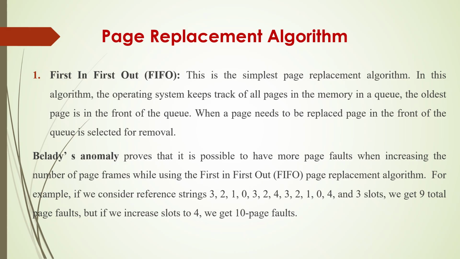This unusual behavior is known as Belady's anomaly. So while FIFO is simple and easy to implement, its poor replacement decisions and the possibility of Belady's anomaly make it less efficient than more advanced algorithms like LRU or optimal.